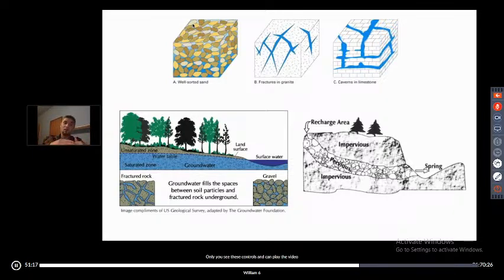But there is a zone between the land surface and the groundwater, the aquifer, that we call the unsaturated zone. In that unsaturated zone there is usually not much water, maybe some in the pores, but mostly it's air if it's healthy soil.